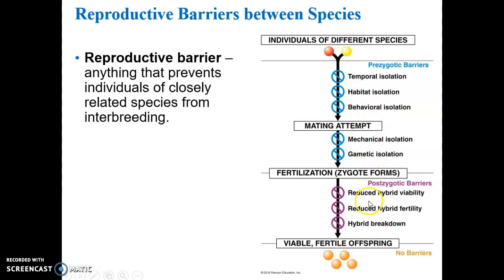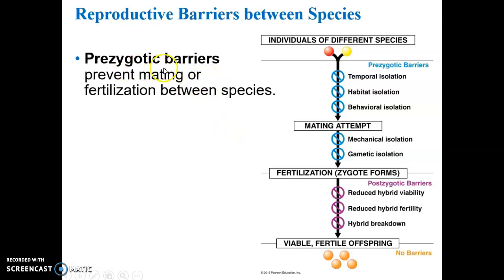If none of these barriers exist, the organisms can mate, the gametes can fuse, and offspring are produced. If the offspring are viable, meaning healthy and living, and fertile, meaning when they become adults they can sexually reproduce with other members of their species, then there are no reproductive barriers, for example, between humans, in terms of biological reproductive barriers.